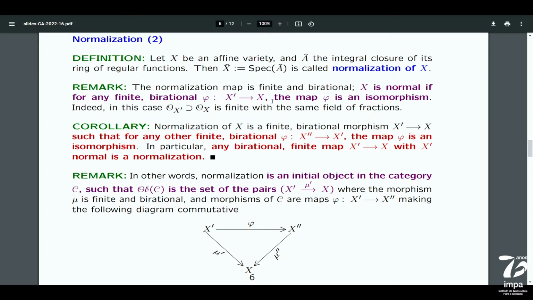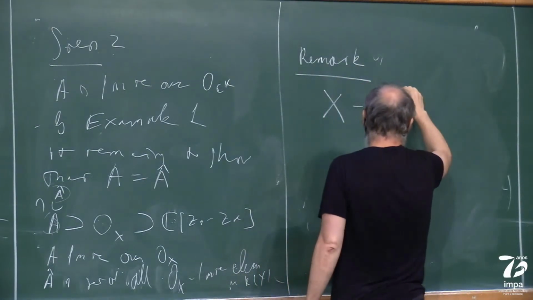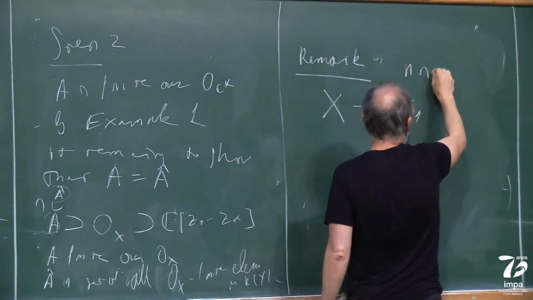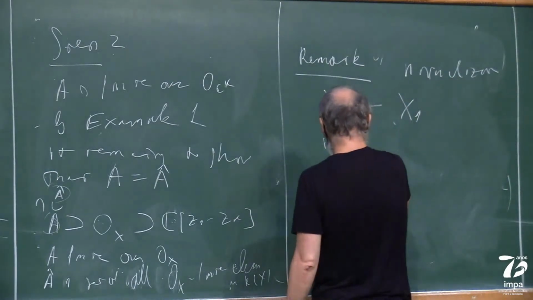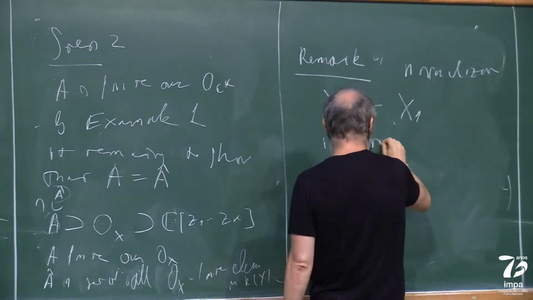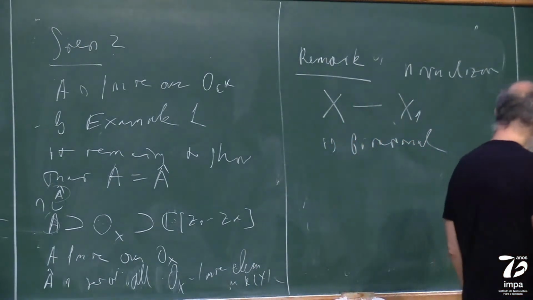So the first observation, a remark: normalization, X to X1, is birational, meaning that they have the same ring of fractions, and finite.